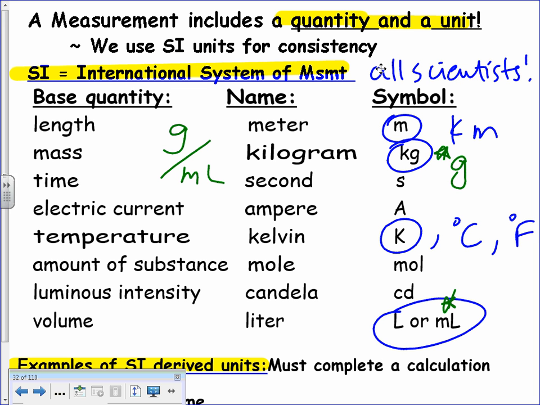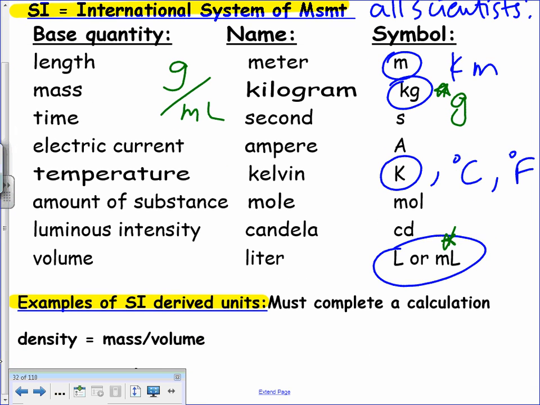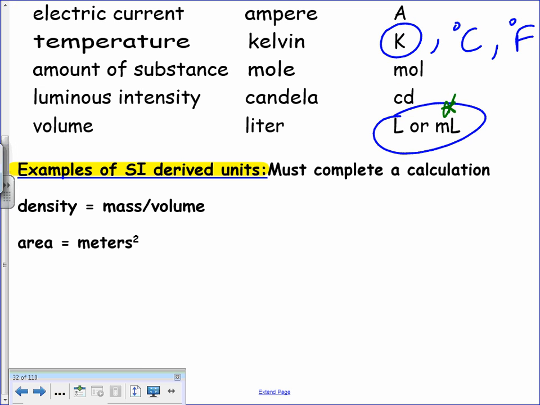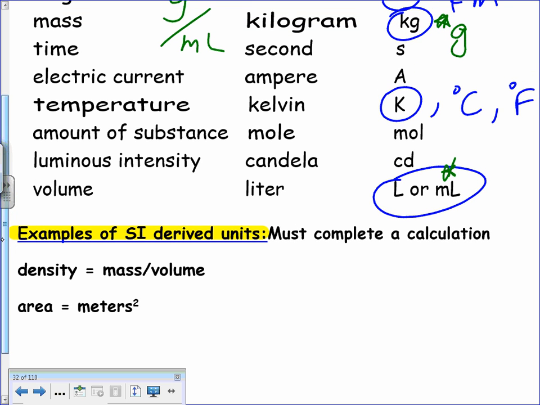That's density. Sorry, you're not just picking up what I'm saying here. So that's called a derived unit because you calculate it. You calculate density by taking mass divided by volume. So if I ask for an example of a derived unit, and you think I'm speaking a foreign language, derived just means calculated. So density is an example of that. Area is also an example of that. So you think derived units are something weird, they're just a calculated unit.